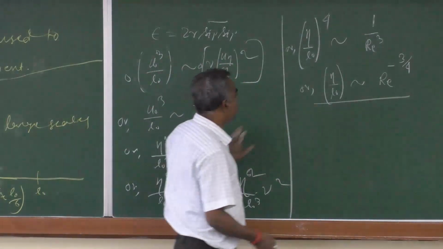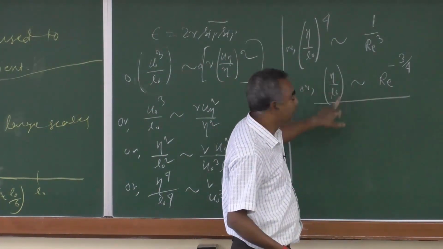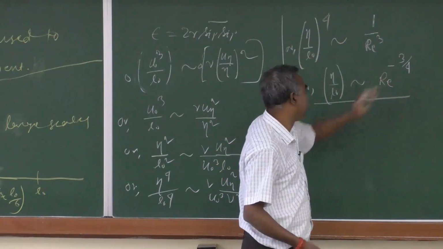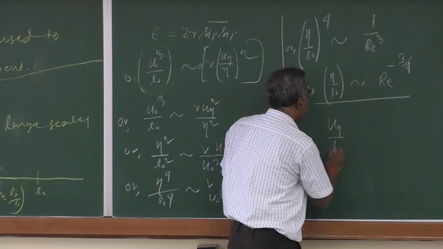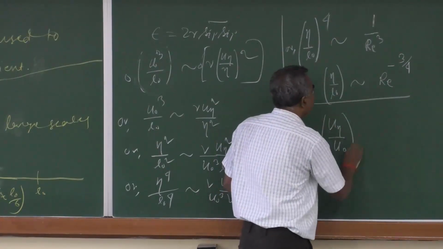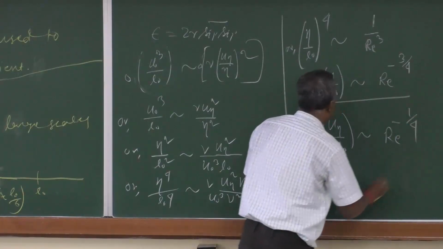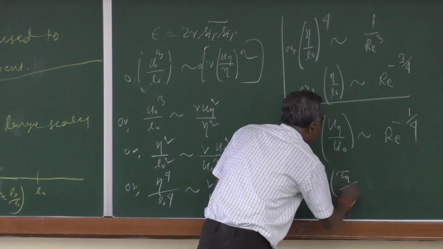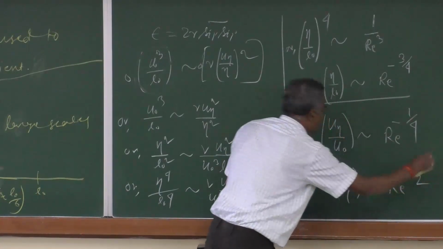So, from this we get that the ratio of the Kolmogorov length scale to the largest scale in the flow goes by this relation. Similarly, that velocity scale u eta by u naught goes as Re to the power minus 1 by 4, and tau eta by tau goes as Re to the power minus 1 by 2.